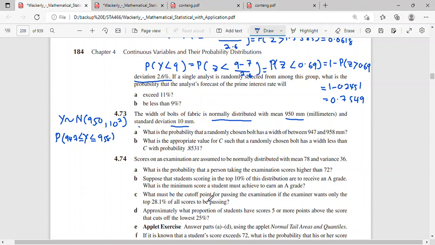Okay, look at B. What is the appropriate value of C such that a normally randomly chosen box has a width less than C with probability 0.8953.